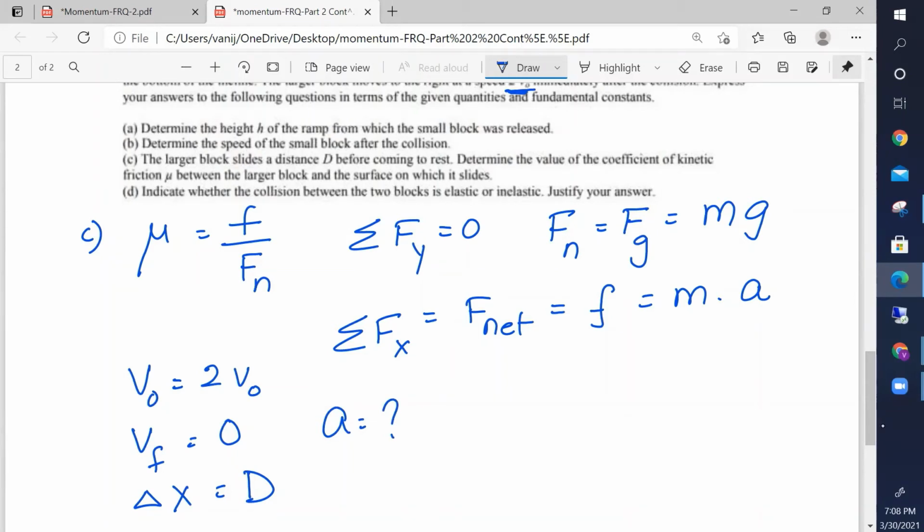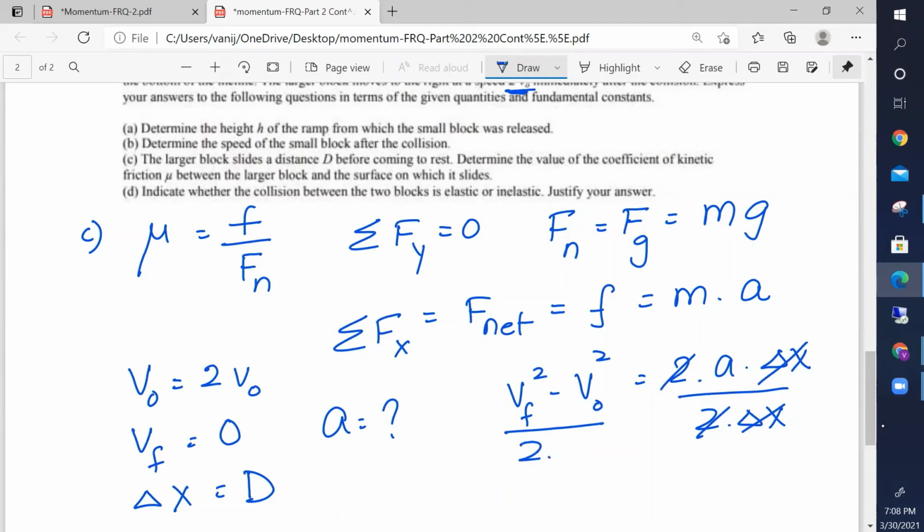If you all remember the kinematic equation, Vf squared minus V0 squared equals 2 times a times delta x. You can find this equation on your AP formula chart. I can rearrange this equation to figure out a. I'm going to divide by 2 times delta x on both sides.